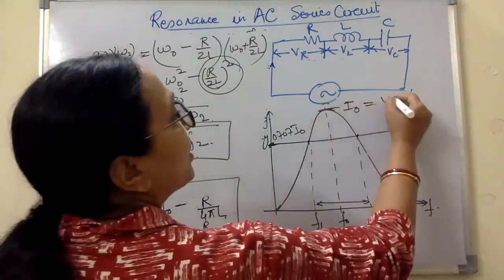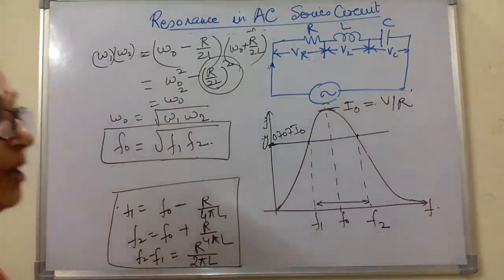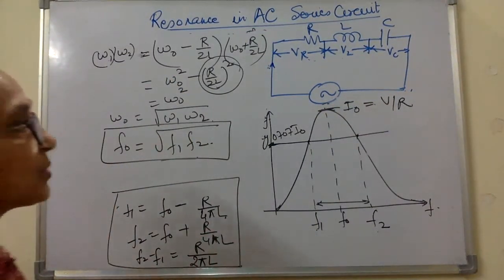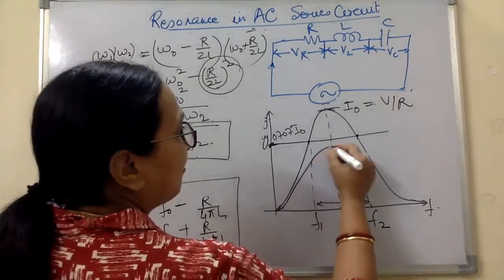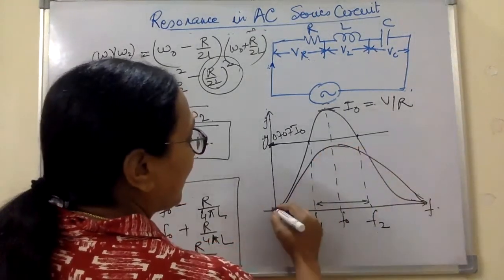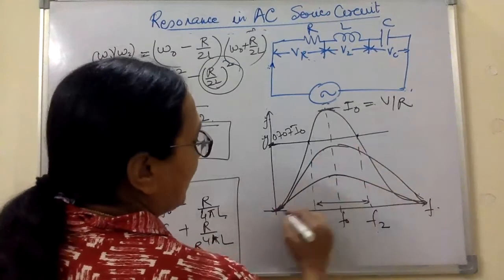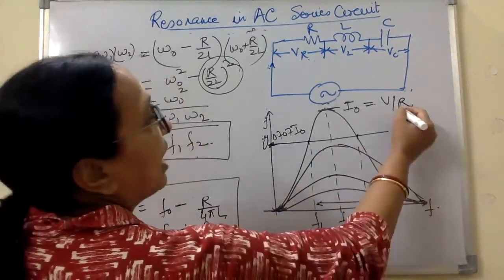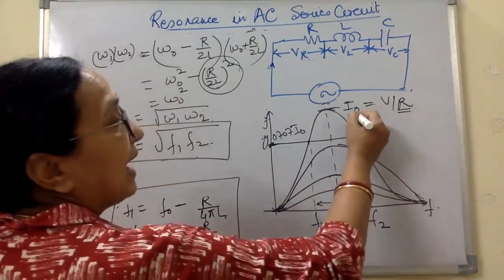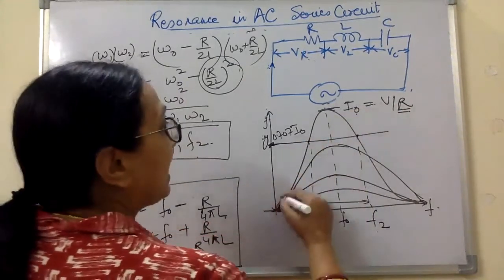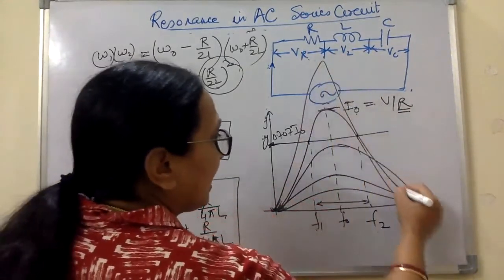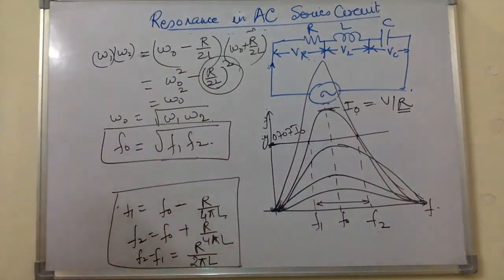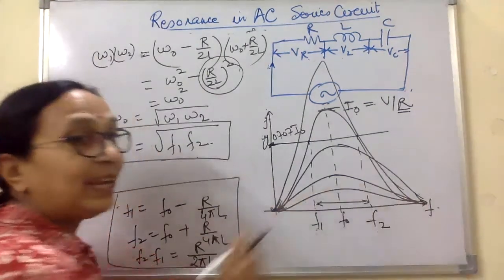Now, just concluding the lecture before this: peak I0 is nothing but V by R. If the value of R is more, then this curve will be flattening. And if the value of R is lesser, then I0 will have its peak, and this will be a very sharp curve. So when the value of R is more, the bandwidth will be large.